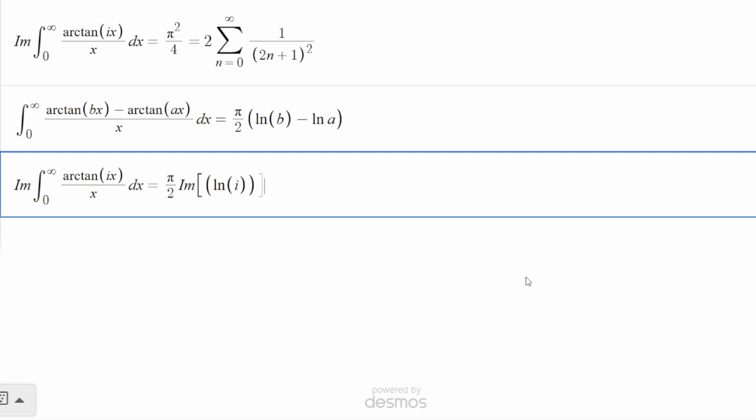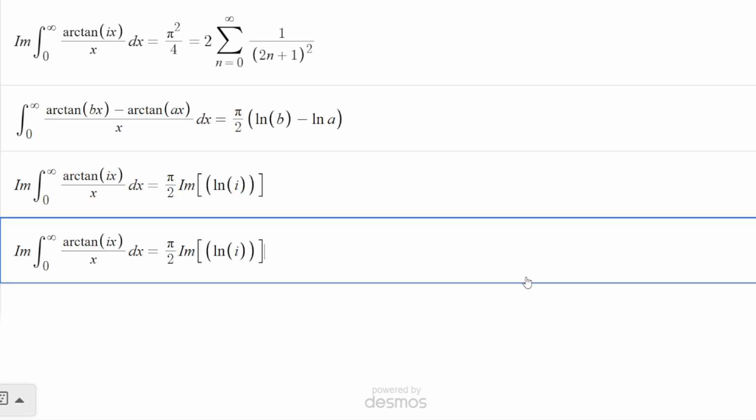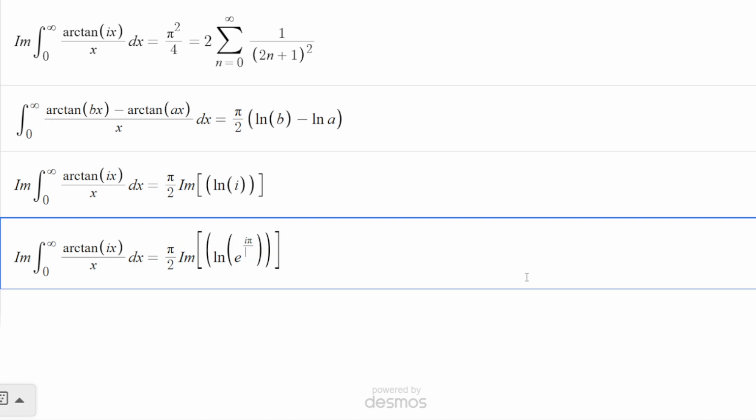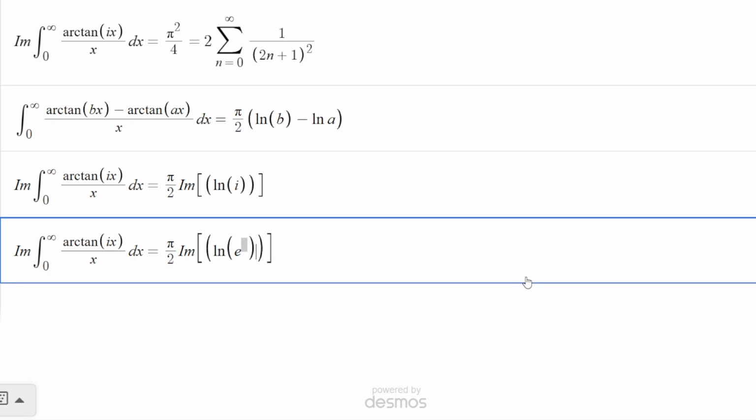So from here, we have that the imaginary part of the integral from 0 to infinity of arctangent ix over x dx is equal to the imaginary part of this. Now, i is e to the i pi over 2. It has other values, but we're just going to use the principal value. Taking the natural log, composing natural log with e, just gives you i pi over 2.